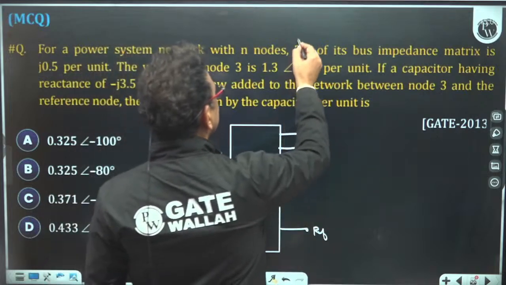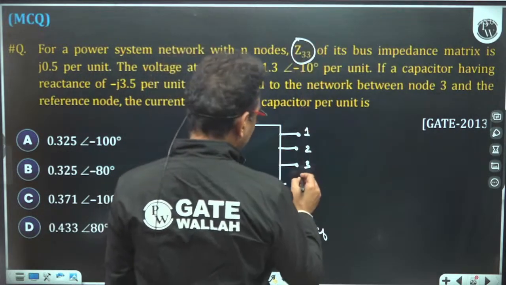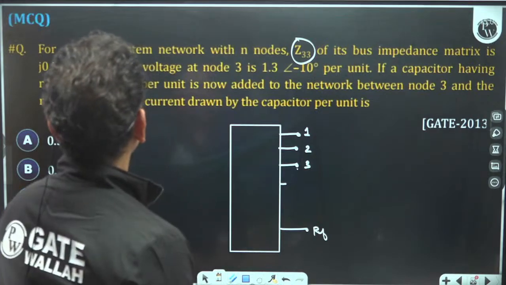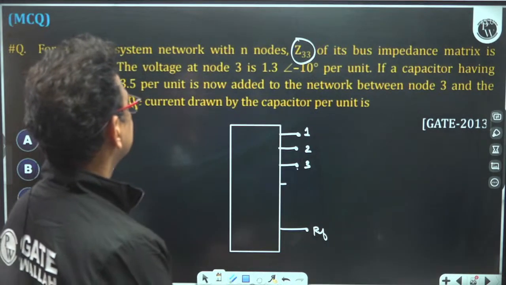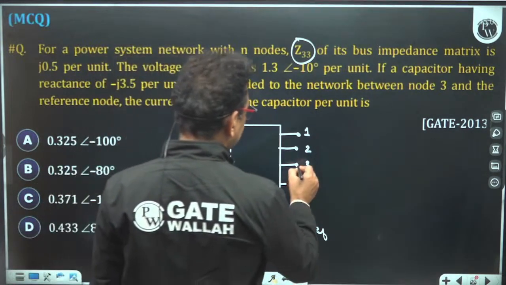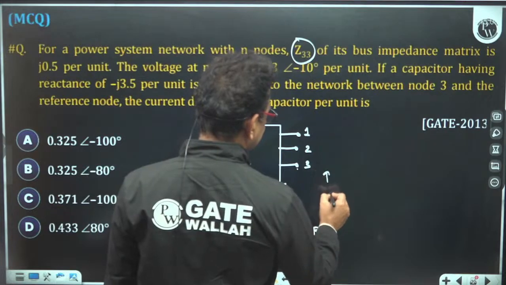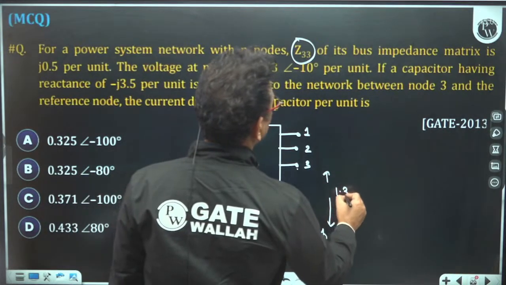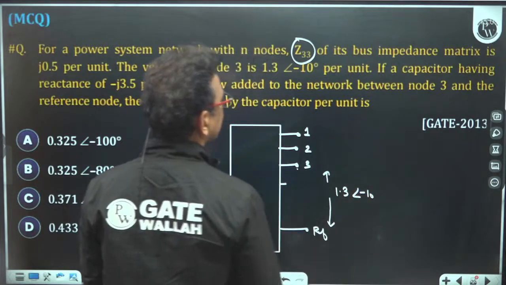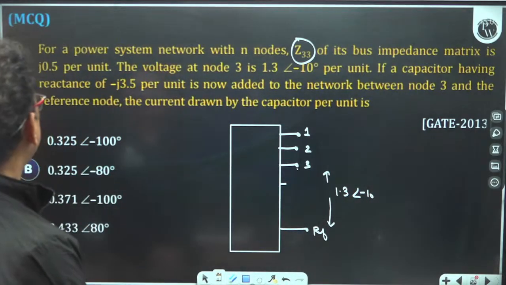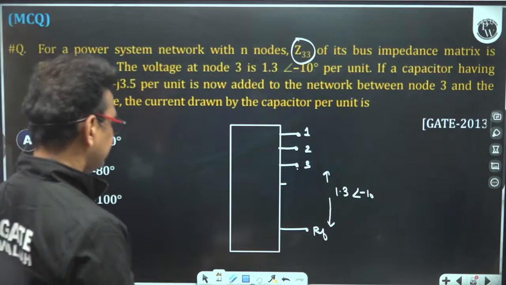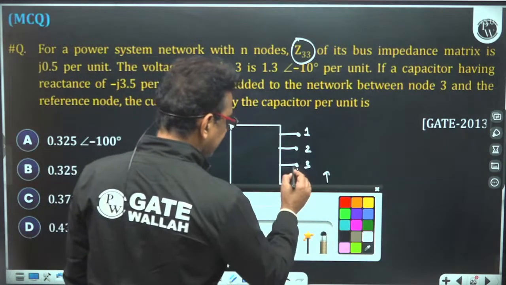Z33 is nothing but the Thevenin equivalent impedance at node number 3. The voltage at node number 3 is also given. It is 1.3 angle of minus 10 degrees. If a capacitor having the reactance J3.5 is added to the network between node number 3 and the reference node, now we are adding a capacitor here.